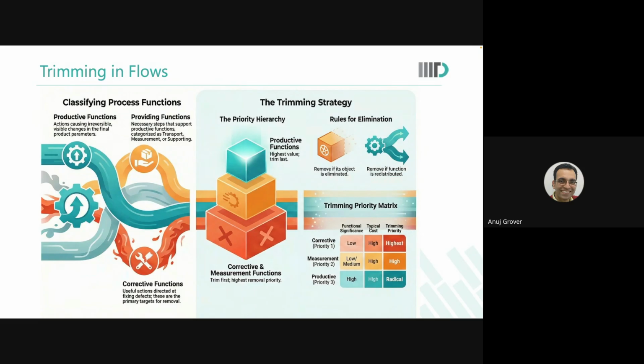Not far away. Because, for example, take a corrective function. Can you do a corrective function if the stage at which the defect is introduced has not even come yet? A defect is introduced, for example, in the RBM process, when we were cooling. So if the cooling has not happened and I say I am going to do the corrective function, does it make sense?